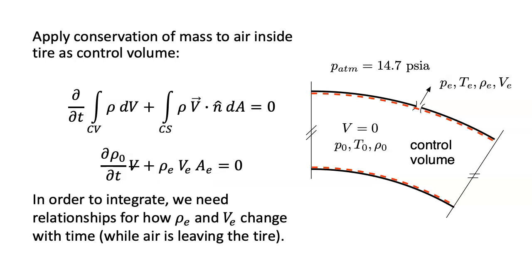Again, the actual area of the hole would typically decrease with time. Note that this final equation indicates that the change in mass in the tire is equal to the mass flow rate leaving the tire as expected.